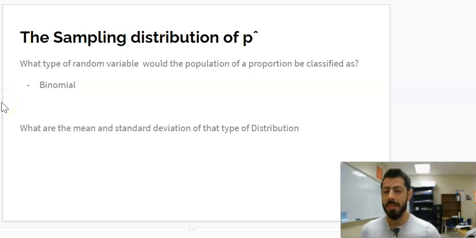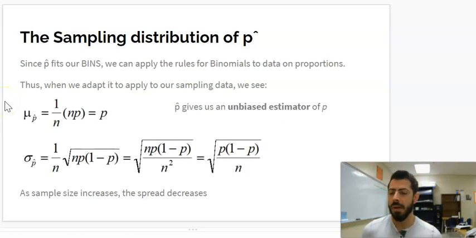So what are the mean and the standard deviation for a binomial distribution? We know that the mean for binomial is given as N times P. Now for a sampling distribution, we know that we're going to take our sample and divide it by the number of items in that sample.